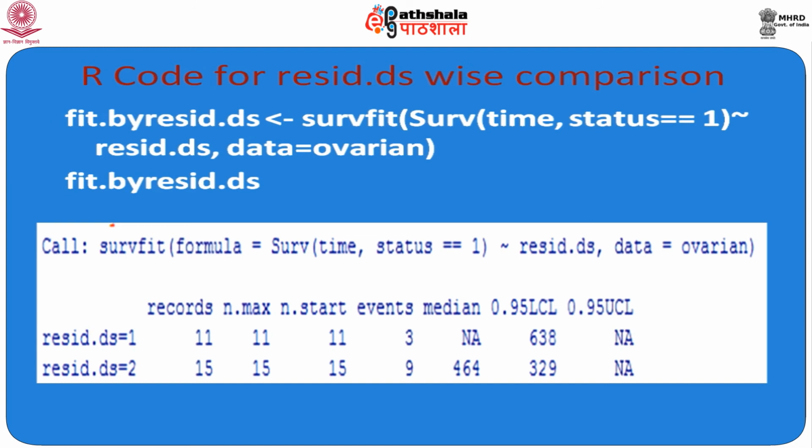So here we can see some kind of difference, but we do not know what exactly the difference is. So for that we have to go for the Mantel-Haenszel test to see whether the difference is really significant or not.